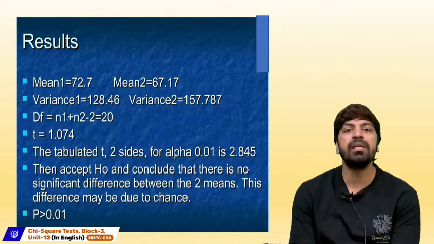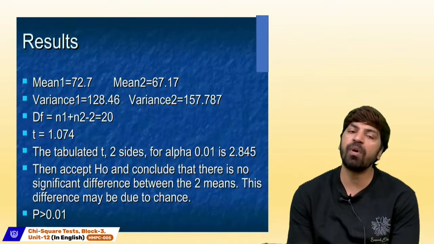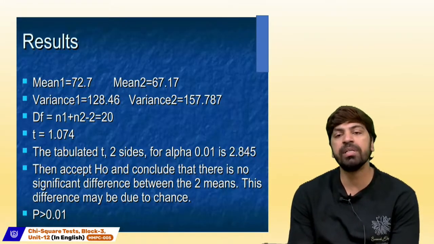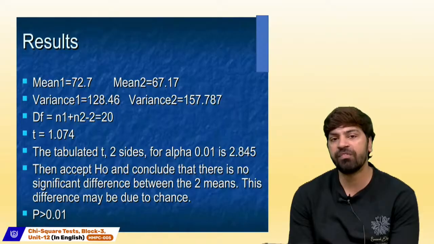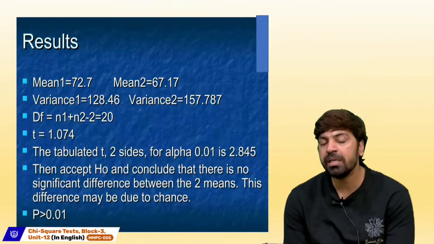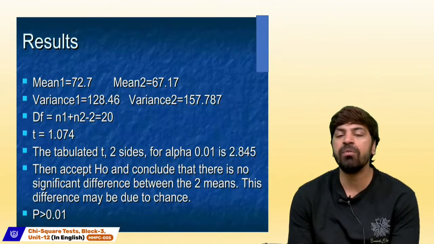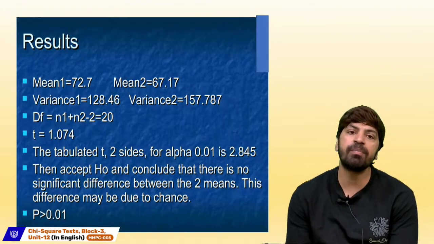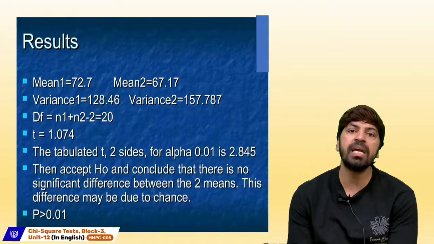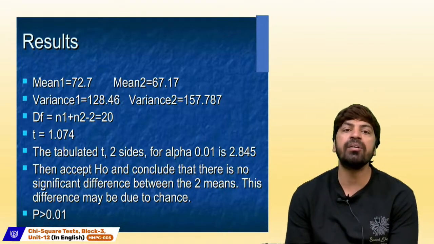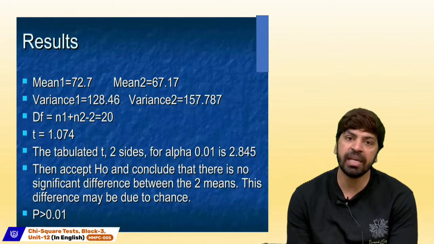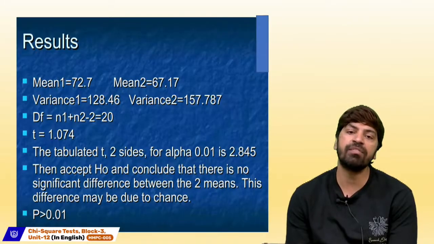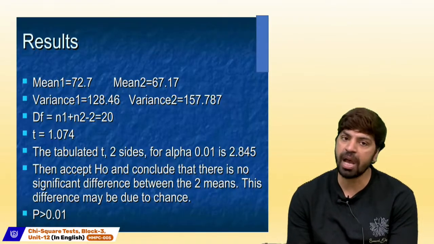So the calculated value is 1.074 and the tabulated value is 2.845. Once we compare the calculated value and the table value, we accept the null hypothesis and conclude that there is no significant difference between the two means, and this difference may be due to chance.